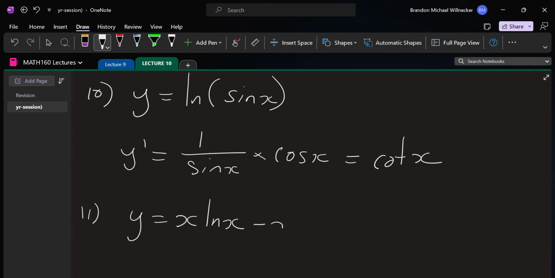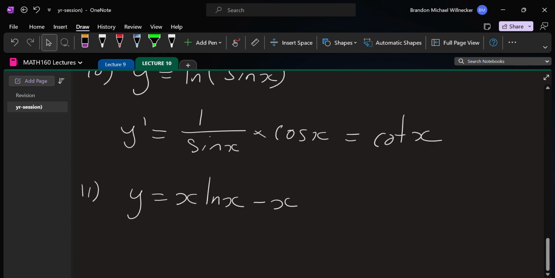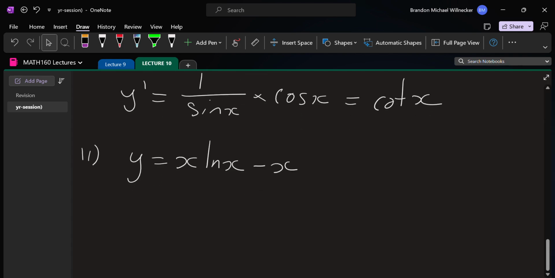Okay, 11. So we have y equals x ln x minus x. Okay, so for the first term, product rule, because we've got some function which is x times the natural log of x. So product rule on that, the minus x, nothing to worry about that, that's just minus 1.